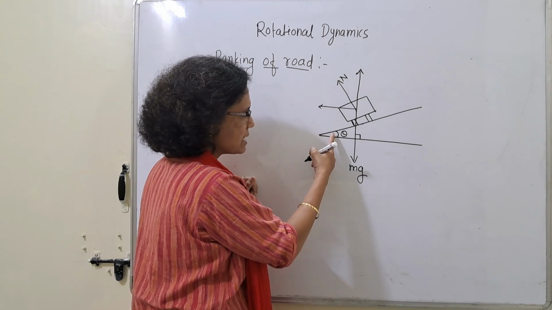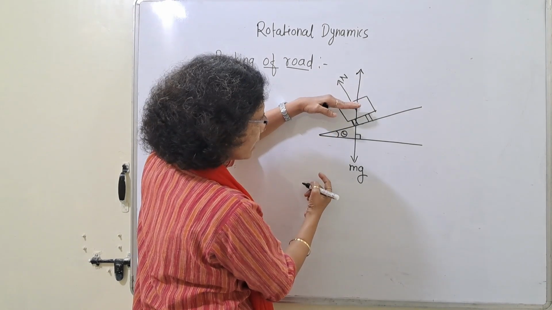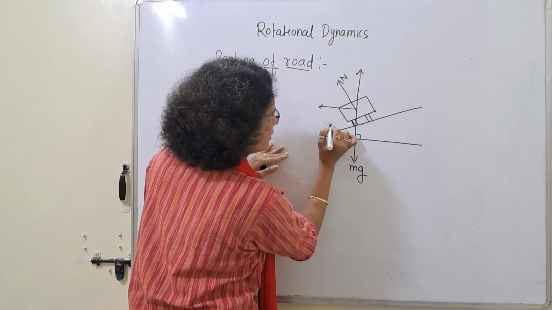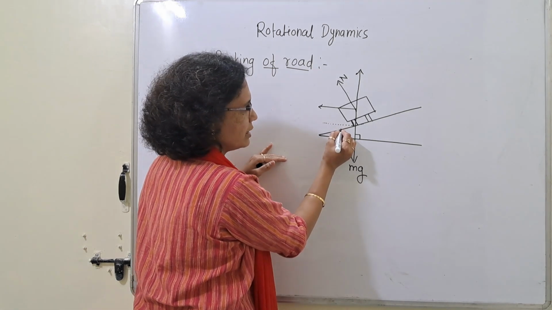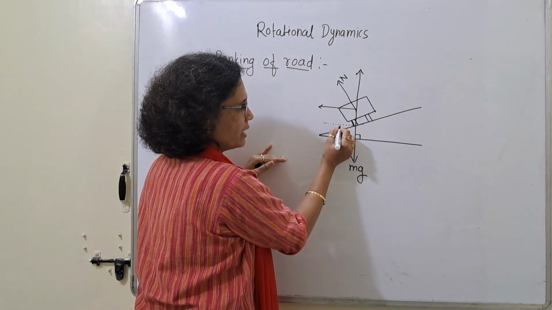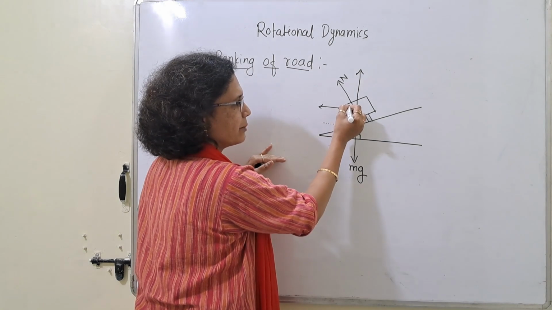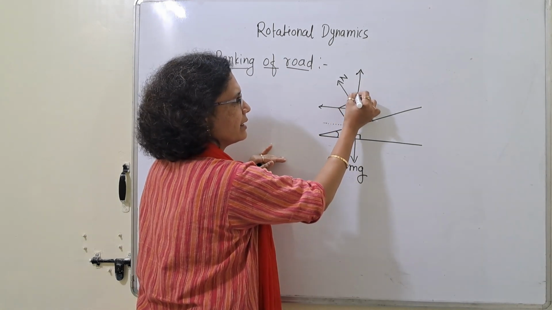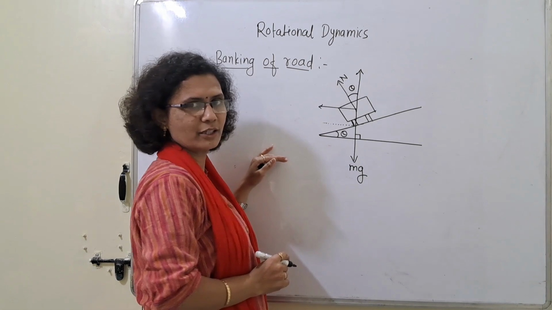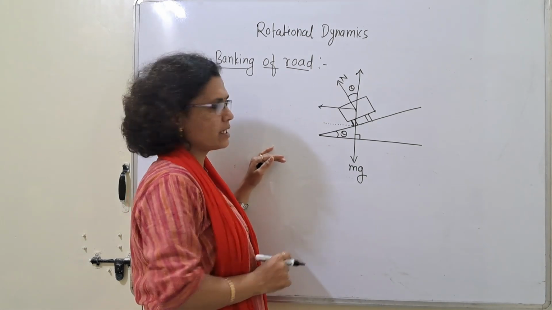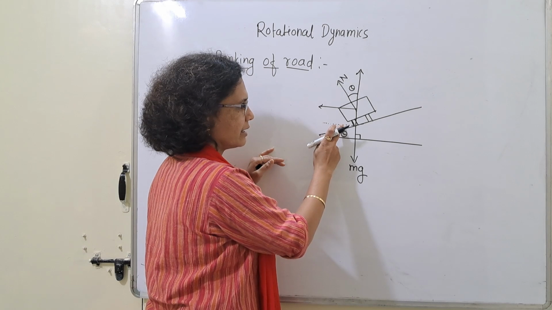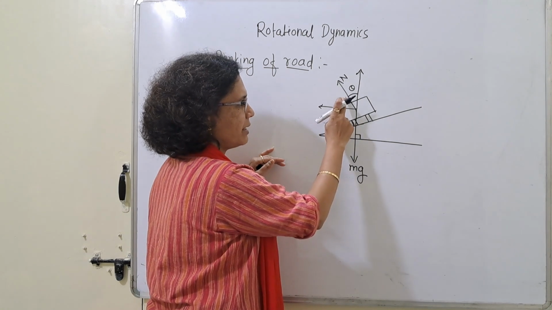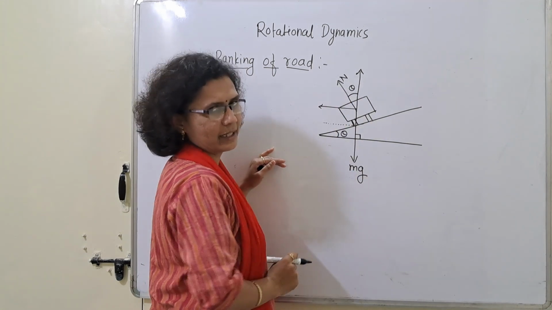Now if this is theta, if I draw this diagram like this, if this is theta, this will also be theta, correct. Then this will be 90 minus theta and this will again be theta, correct. You are understanding this geometry? See, if this angle is theta, this is again theta, then this will be 90 minus theta and this will be theta.